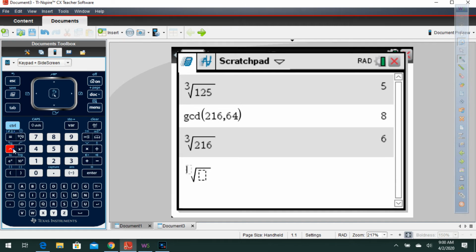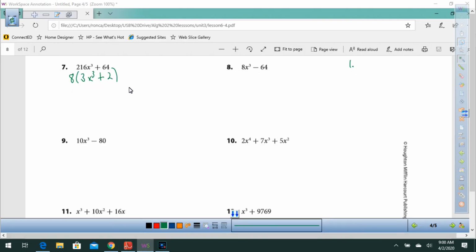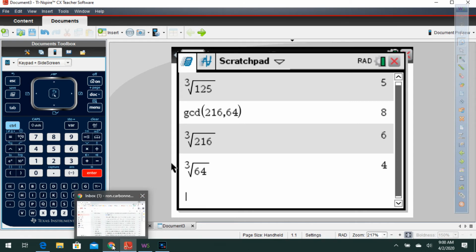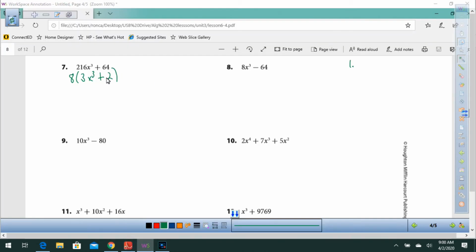And what about the cube root of 64? 4? So 6 and 4, 3 and 2.